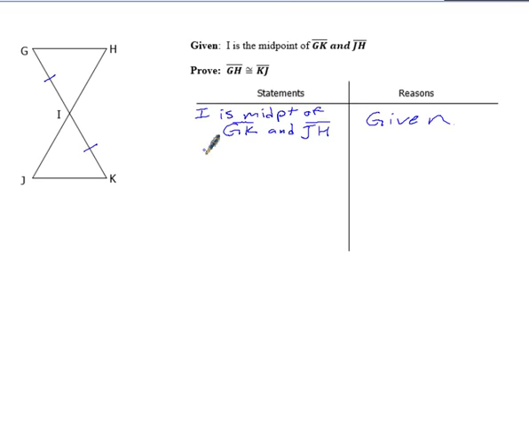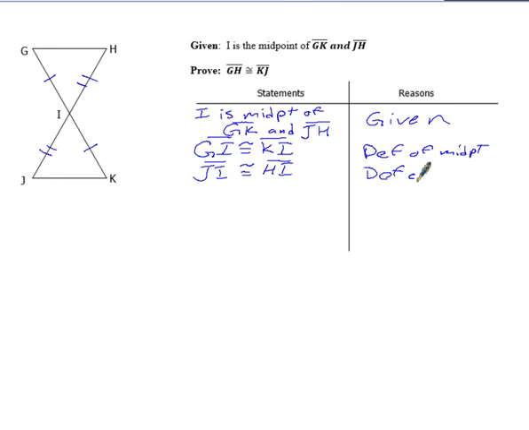So that means I can say GI is congruent to KI. Why can I say that? Definition of midpoint. Same thing, I is a midpoint of JH, so I can say that JI is congruent to HI. And again, I can say that because of the definition of midpoint.